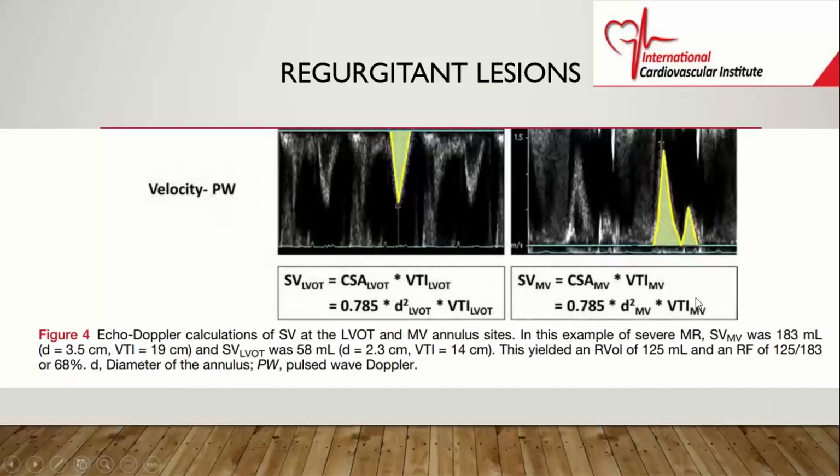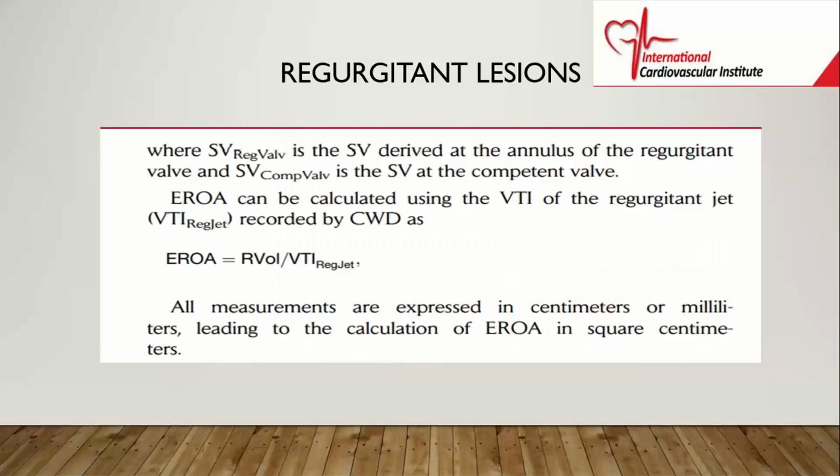You plug the values into the equation, measure D, and get the stroke volume. If you have mitral regurgitation, the stroke volume across the mitral valve is going to be a larger number than the stroke volume across the LVOT. The difference is the regurgitant volume. So that's straightforward.